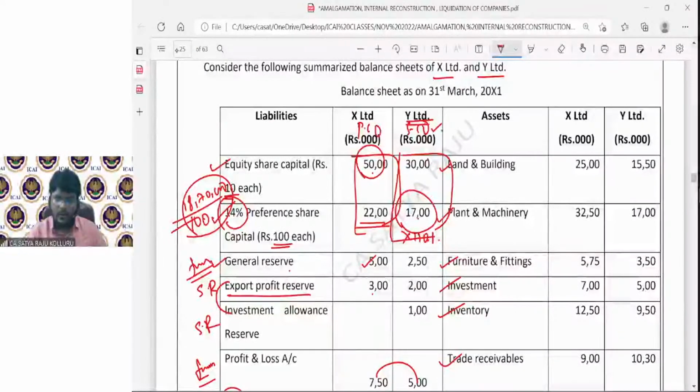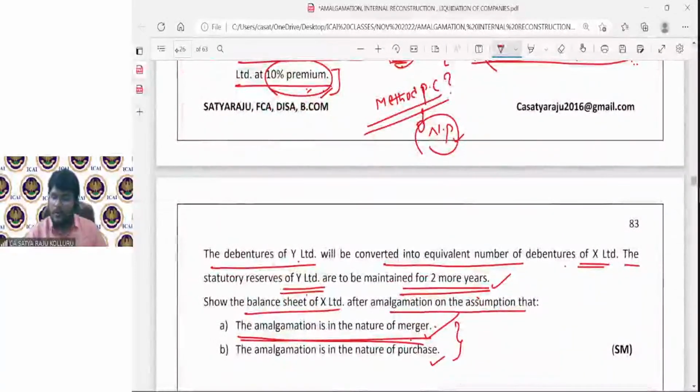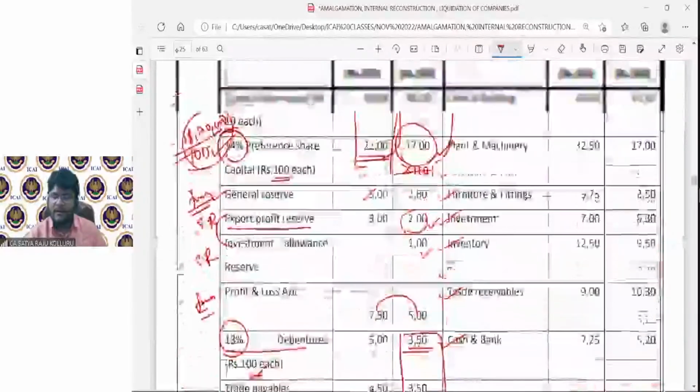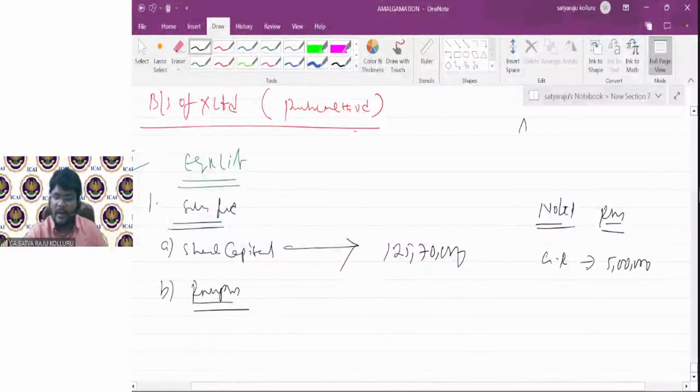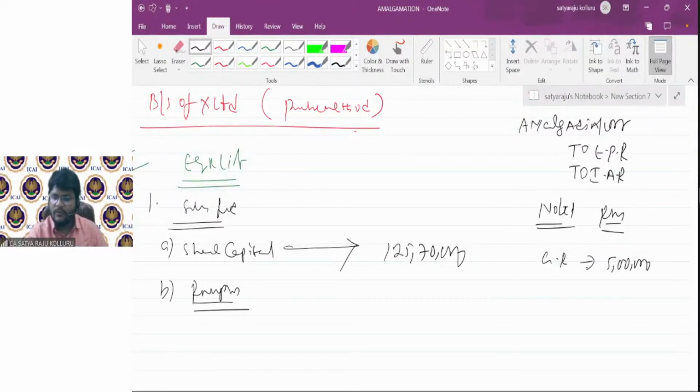Next, export profit reserve. Sir, I need to consider Y Limited's export profit reserve as well. The reason is investment allowance reserve and export profit reserve are both statutory reserves. It is clearly given in the problem that the statutory reserves of Y Limited are to be maintained for 2 more years. That's why I need to pass one entry. The entry is amalgamation adjustment account debit, to export profit reserve, to investment allowance reserve.